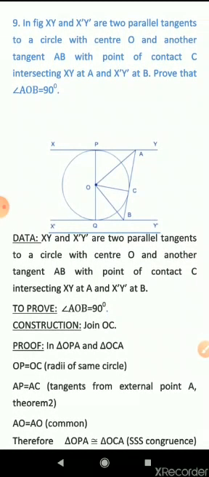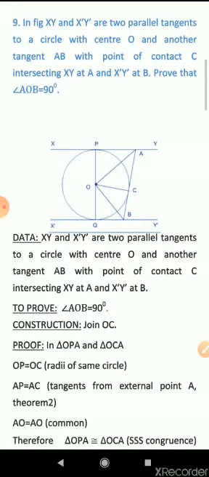Sometimes they give a choice of theorem 1 or theorem 2. Sometimes they give a choice of a theorem or a problem. The theorem may be 1 or 2, but in the problem they give exercise problems only. So you have an advantage: if you learn only the theorem, you can attend this question.